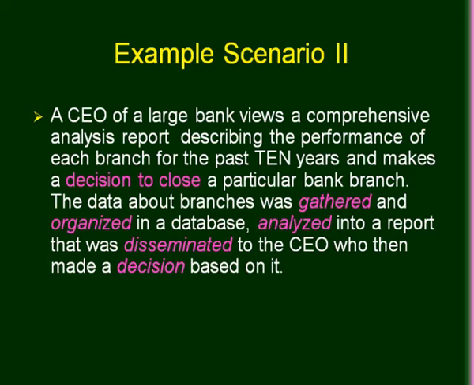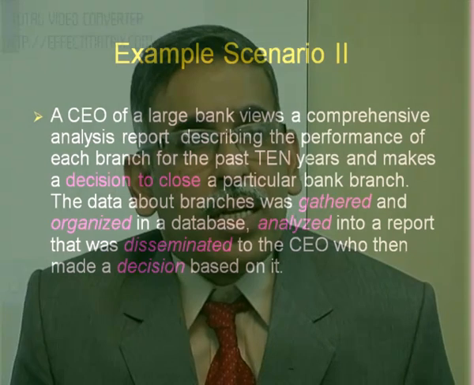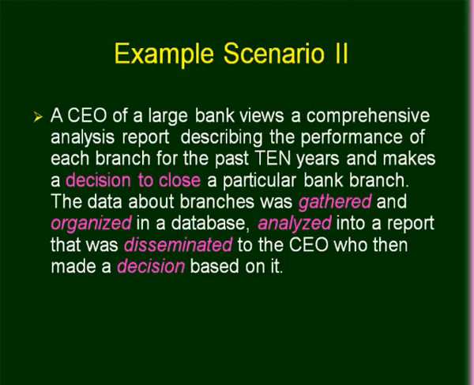Then how is he taking the decision? The data about branches was gathered. Here, the data about the branches does not mean the day-to-day transactions or day-to-day operations of the bank. Maybe monthly or quarterly or yearly, the performance indicators are calculated based on some formula.